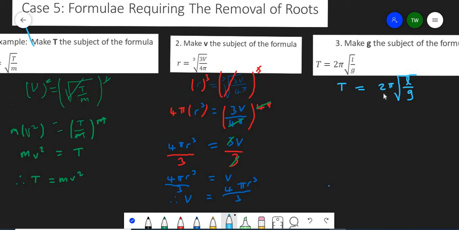So we notice that the 2 pi is multiplying. So in order to get rid of the 2 pi, what we can do is to do the opposite, right? Divide this side by 2 pi. And we're also going to divide this side by 2 pi.